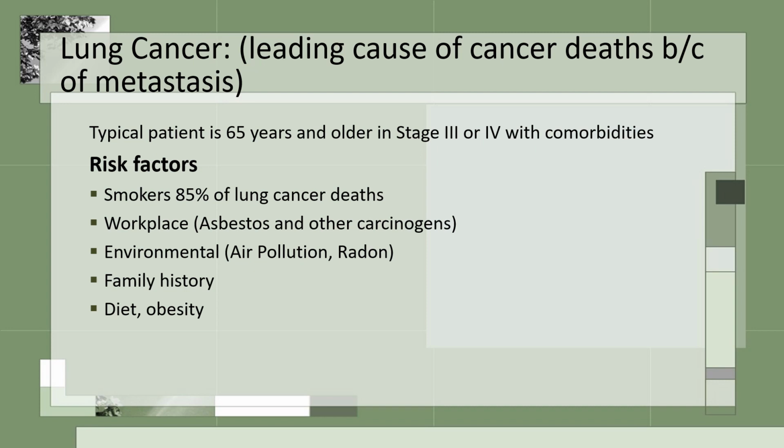They have 85% of all lung cancer deaths. Another risk factor is workplace exposure, like asbestos or other carcinogens. Environmental risk factors can be air pollution or radon. There can be family history, and diet and obesity also contribute.